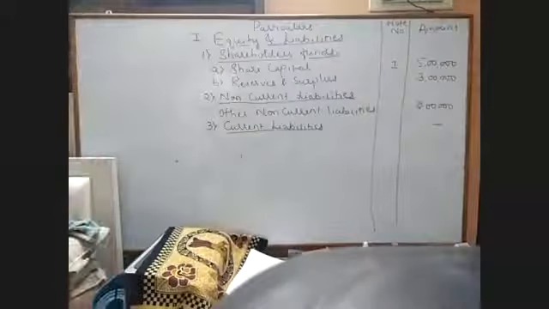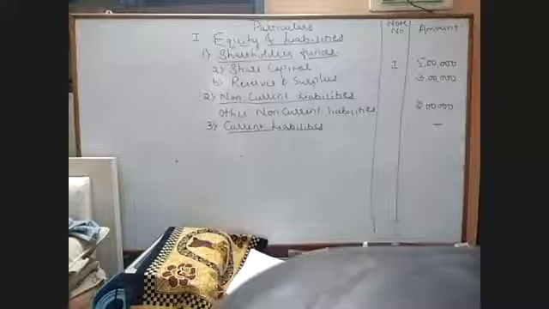Remember, even though there is no current liability, we still need to write the main head, current liabilities, and keep it blank. Don't make the mistake of thinking that as there are no items, better not to write it. Even though there are no items, you still need to write the main head and put it as blank. Once we finish with all three, we can take the total, and that total is 10 lakhs.